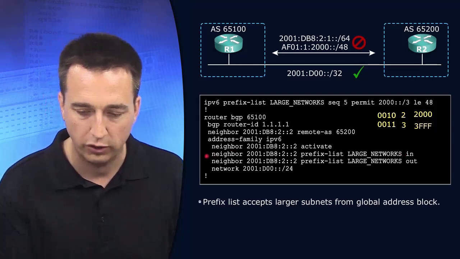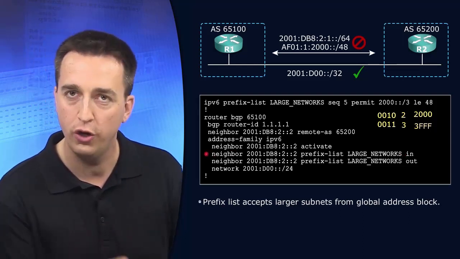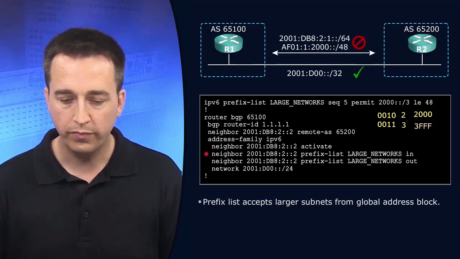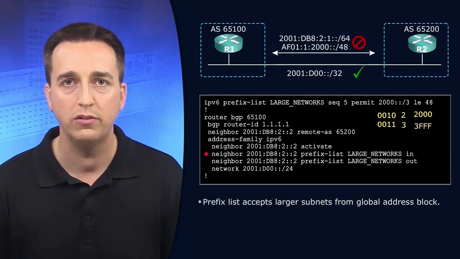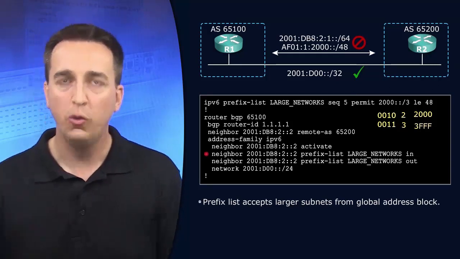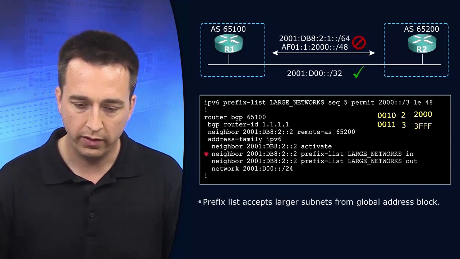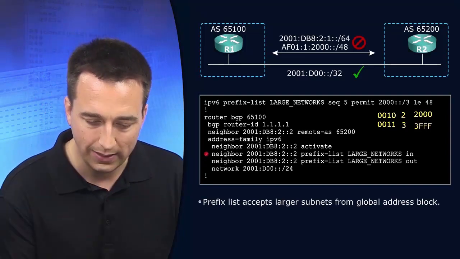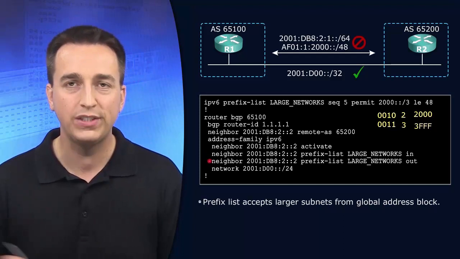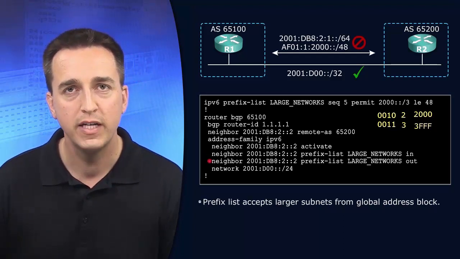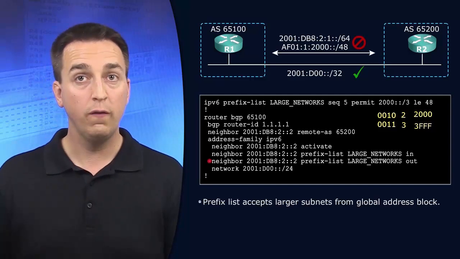So any routes we receive from R2, because we're on R1 right now, can only be within the range from 2000 to 3FFF with a mask less than or equal to 48. I will only send to that neighbor the same range of addresses, 2000 through 3FFF with a mask less than or equal to 48.